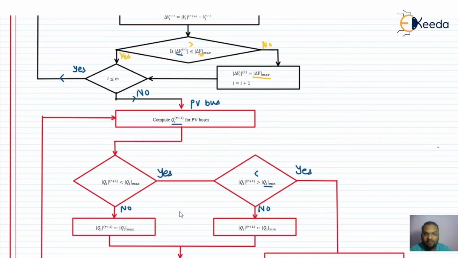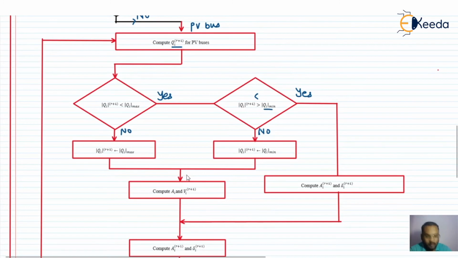Then after finding the reactive power, as I said, if there is a violation in the reactive power constraint, then we treat that ith bus as a PQ bus. Whereas if these two constraints are not violated, then we can compute this A_i and we can compute this delta angle.